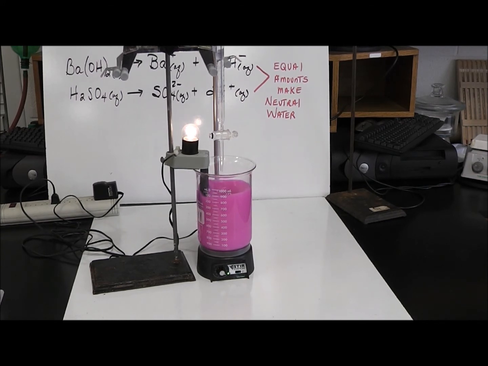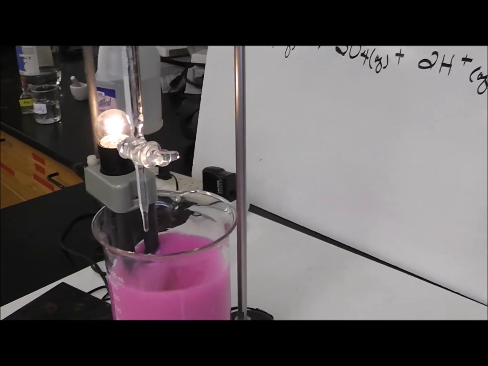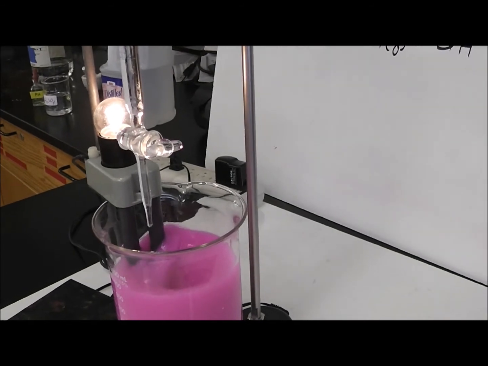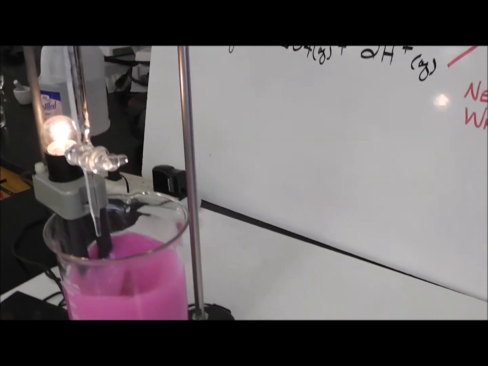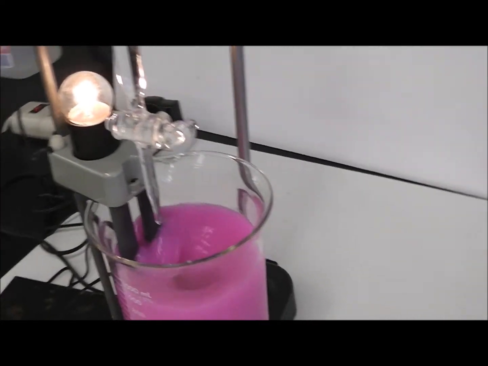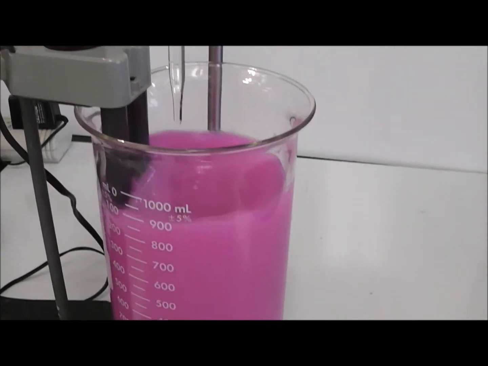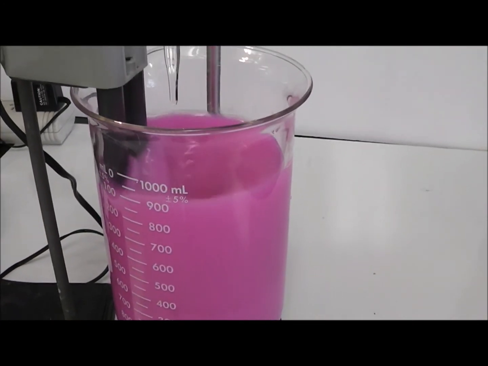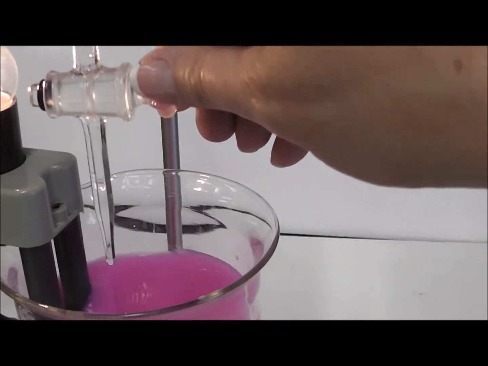Now, alright, so I'm going to give you kind of a close-up view. If I can do this right, I will get the light and the solution in view here. Kind of a downward angle, if you don't mind. Okay, so now, see how creamy white it looks? Milky. What I'm going to do is put more acid in it.